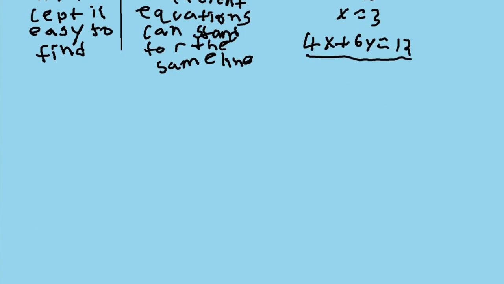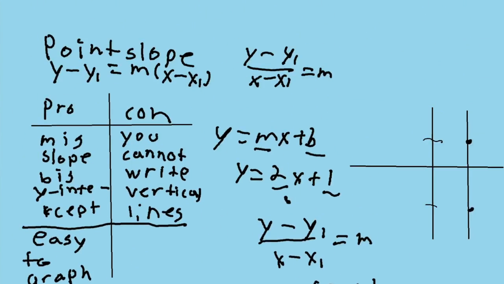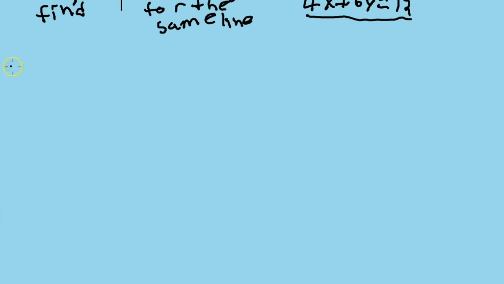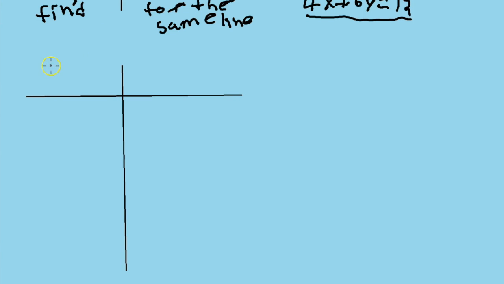And moving on to point slope form, we'll make another pro and con graph here.